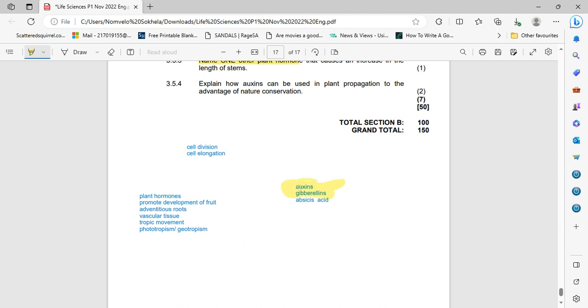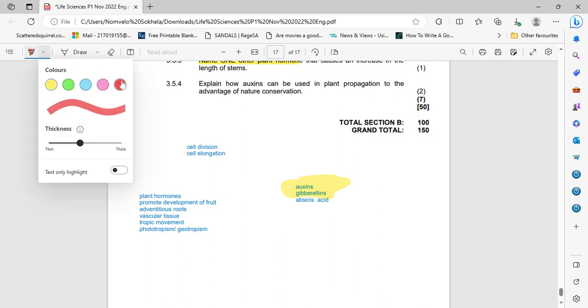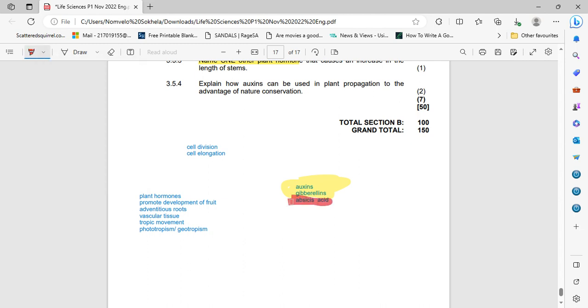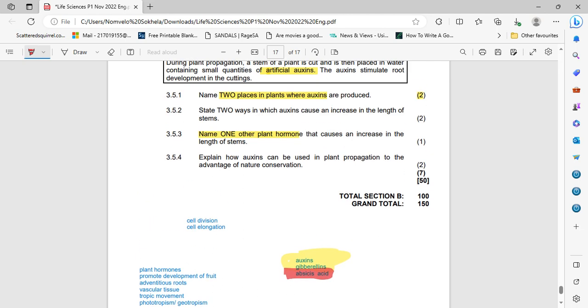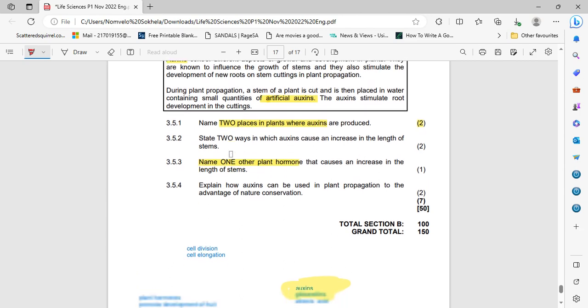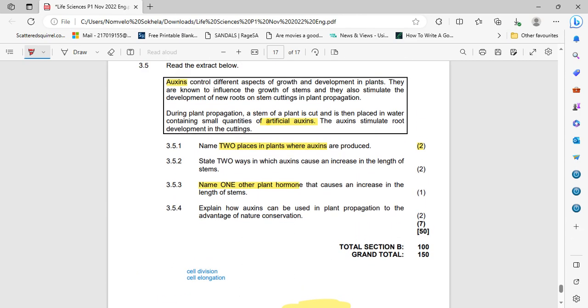But this one inhibits growth. Auxins and gibberellins are two plant hormones that always promote growth, but abscisic acid inhibits growth. So if it says name one other plant hormone that causes an increase in the length of stems, obviously the correct answer is gibberellins. Okay, not auxins, because auxins have already been mentioned in this case study.